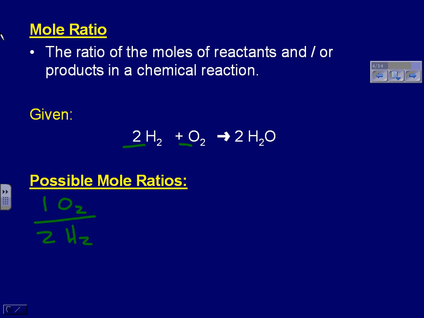Now, it doesn't actually turn the hydrogen into oxygen. It converts the number for hydrogen into a number for oxygen that I need. We're figuring out the amount that's going to be needed based on this ratio. Depending on the type of question, I may need the conversion factor that has the hydrogen on the top. It depends on what I'm calculating.